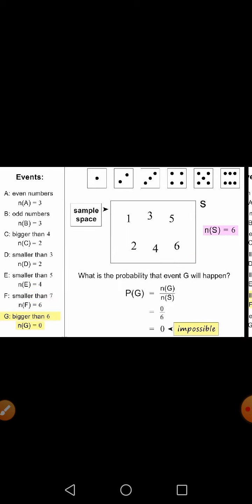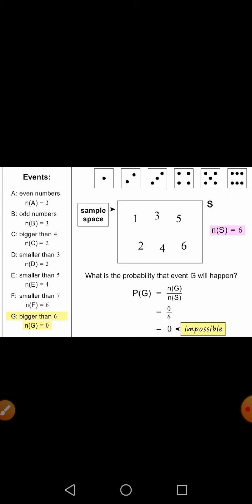Okay. What about here? What is the probability that event G will happen? Okay, G here is bigger than 6. Of course it will not happen. Why? It's impossible to happen. Will the outcome be greater than 6? No, because I have here from 1 to 6.